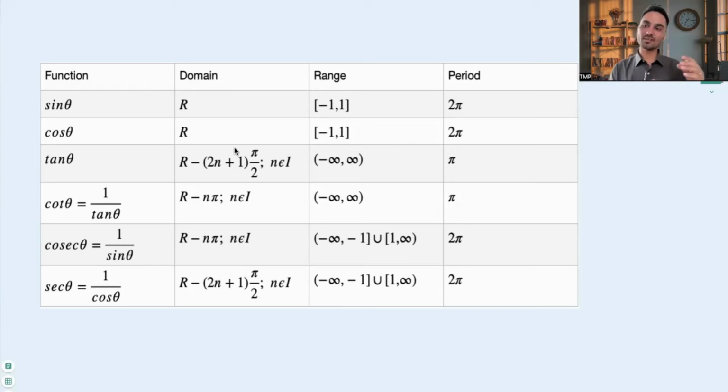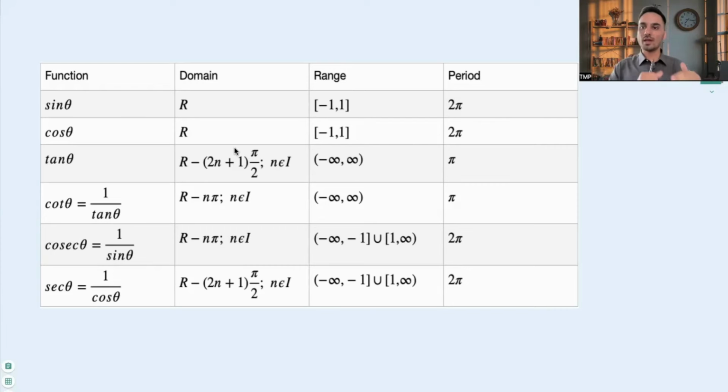In this case, the reason is that cot theta is cos theta over sine theta, and cosec theta is 1 over sine theta. So in the denominator, you have sine theta, and the denominator in a fraction cannot be equal to 0. So sine theta cannot be equal to 0. And sine theta is 0 for all the multiples of pi, like pi, 2 pi, 3 pi. So therefore, the domain of cot theta and cosec theta is real numbers minus n pi, where n is any integer.